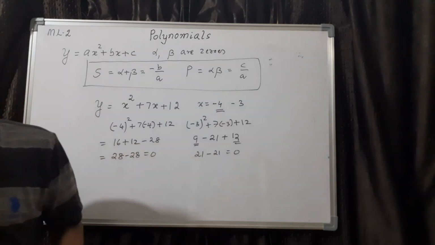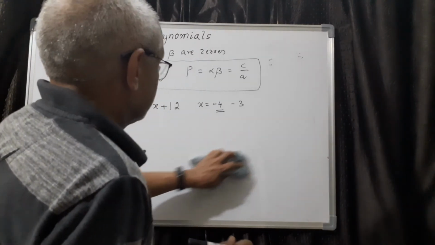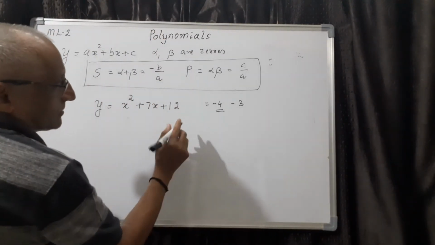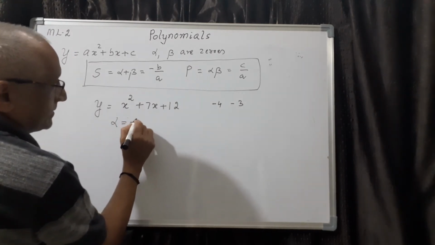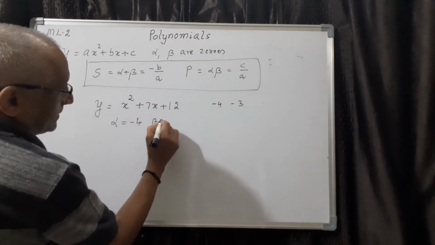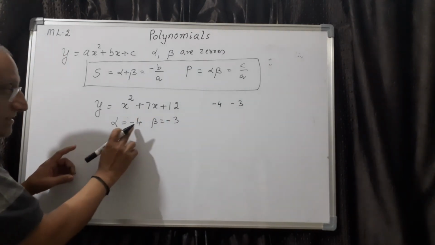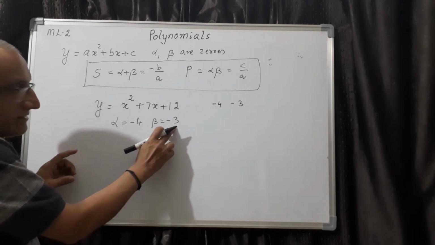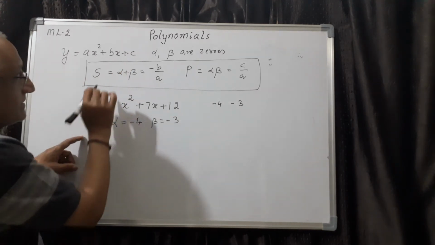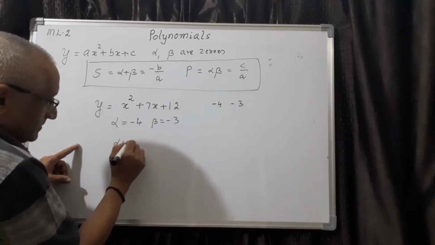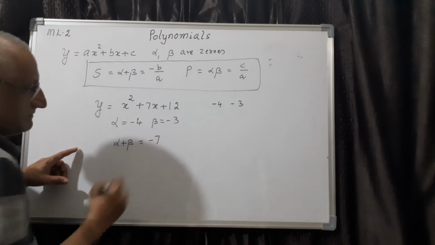Therefore, what is given here is, of course you have to take alpha as minus 4, beta as minus 3. You can take any one. So one zero is alpha, minus 4, another zero is minus 3. Now according to this relation you can check whether it is correct or not. Alpha plus beta will be equal to minus 7.